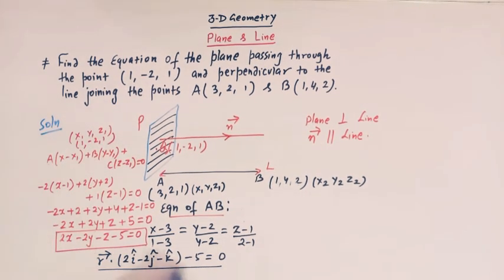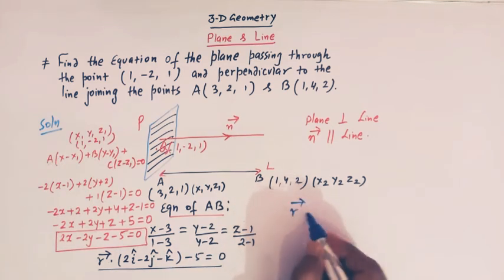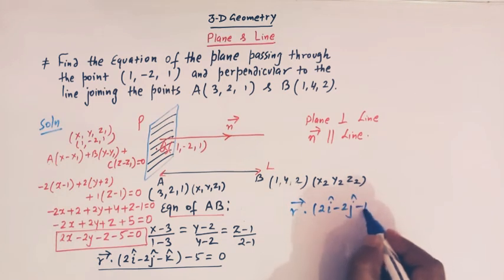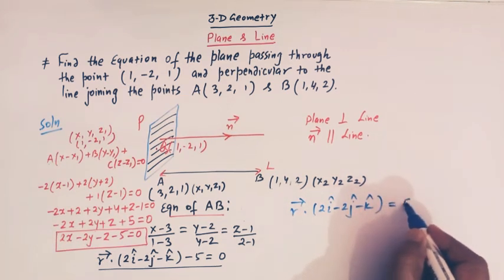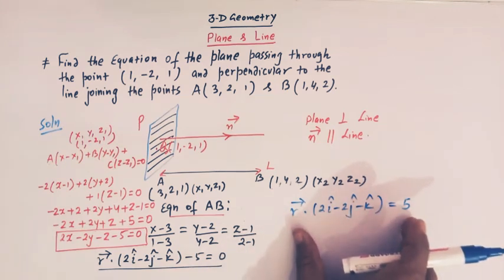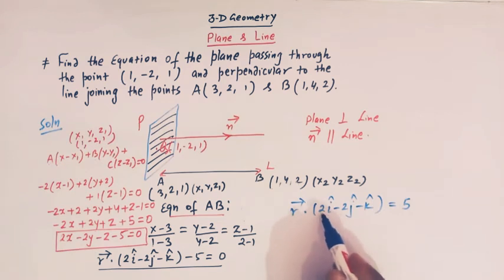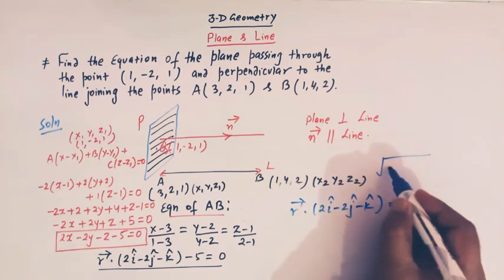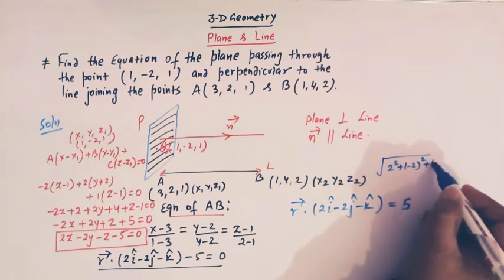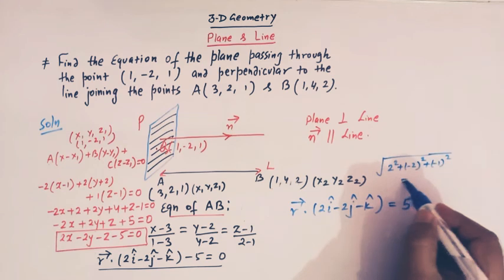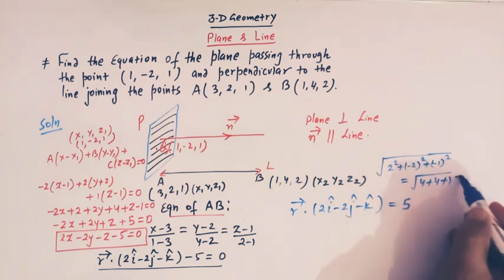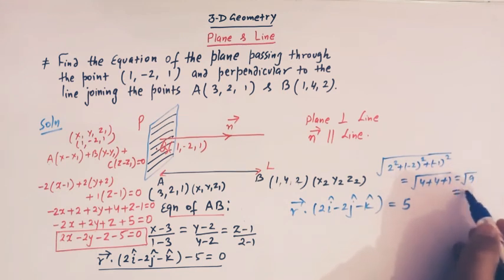Now we can also write this equation as vector r dot (2i cap minus 2j cap minus k cap) equal to 5. And if we divide both sides by 3, because the square root of 2 squared plus (-2) squared plus (-1) squared is given by 4 plus 4 plus 1, that is 9, and this is 3.